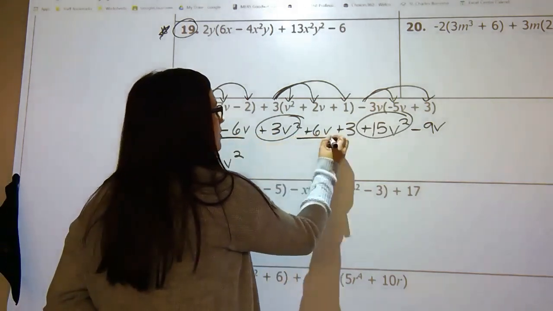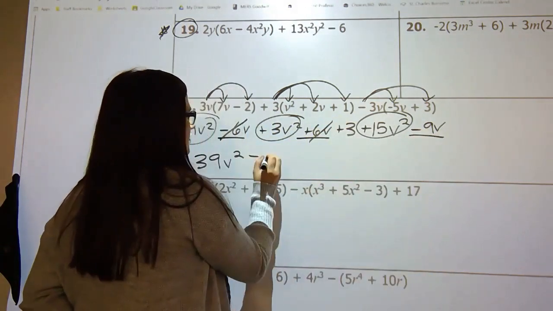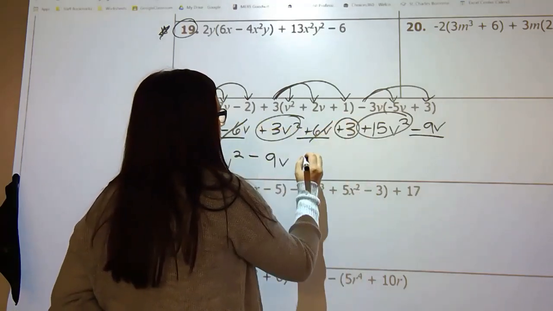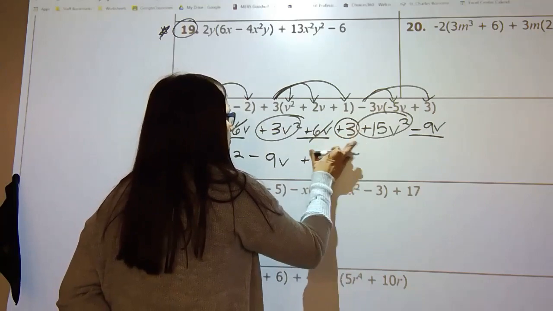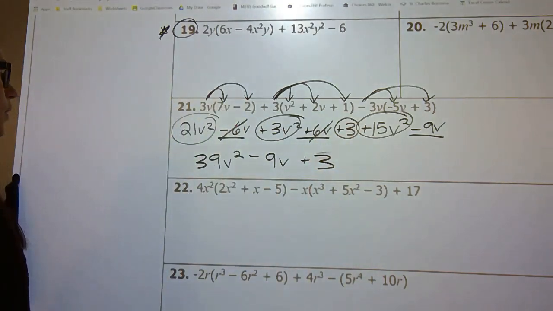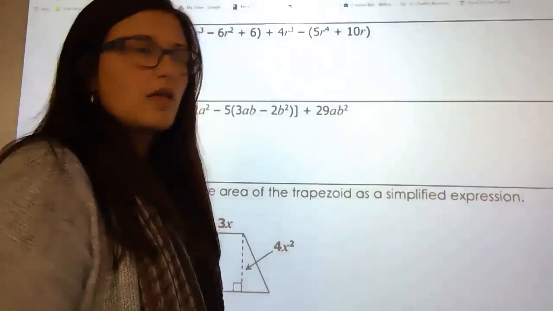Negative 6b, positive 6b, those just go away. I'm left with a negative 9b. And then plus 3. Okay? Lots of multiplying going on there. So I'm going to work out number 23.